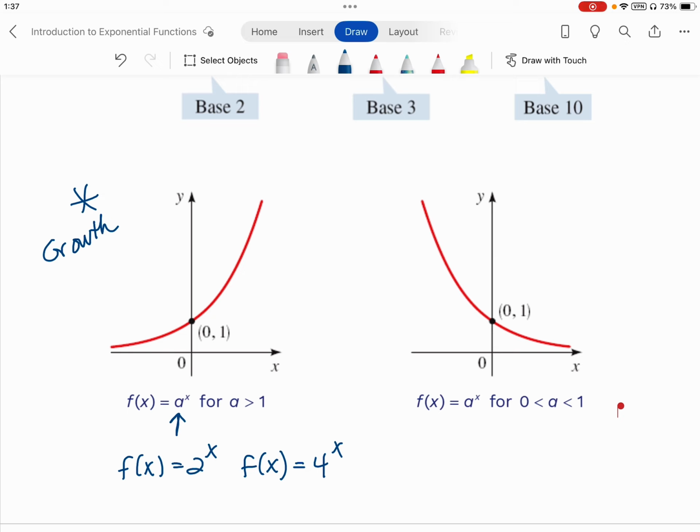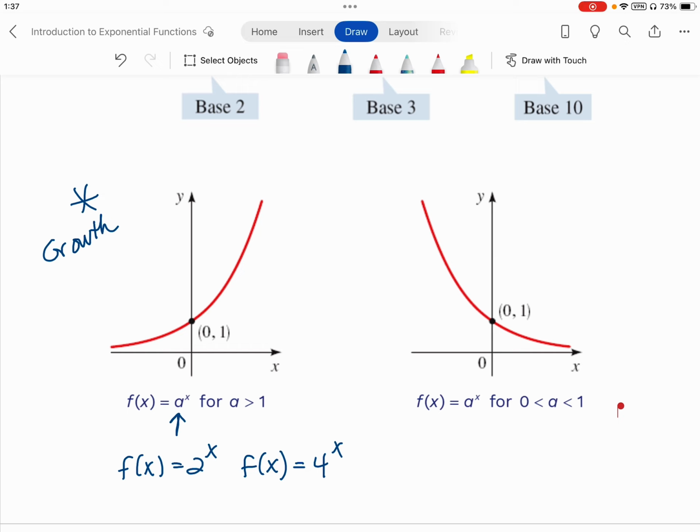As our x values increase, our output values are also increasing. As I move towards the right, I'm going up, up, up very quickly, and so exponential functions tend to grow very quickly. That is exponential growth.